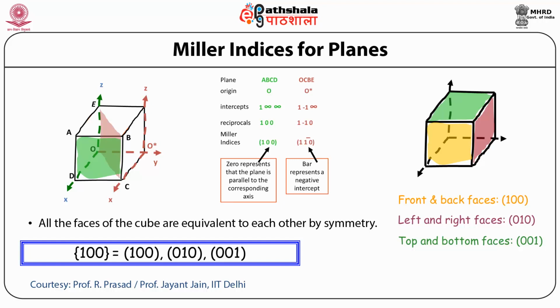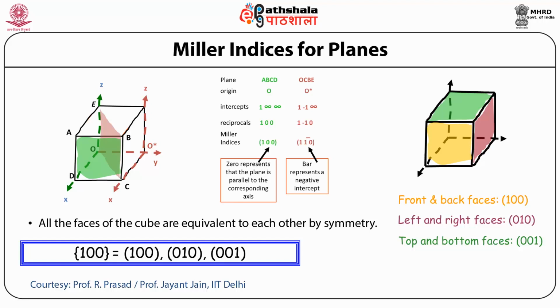Now let us take another example, which is highlighted in red color, the OCBE plane. For the OCBE plane, the intercepts are 1, -1 and infinity. So its reciprocal will be 1, -1, 0.